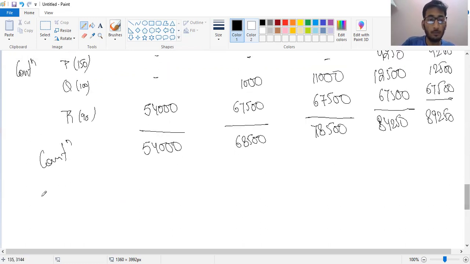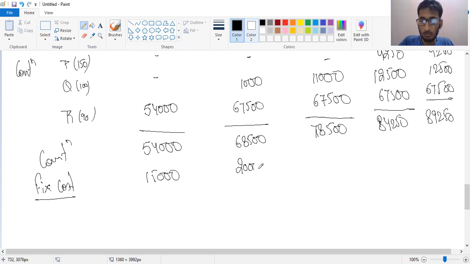Now, the fixed cost is also here. At different levels, the different fixed cost is given to us. Like at the first level, my fixed cost is 15,000. Second, my fixed cost is 20,000.